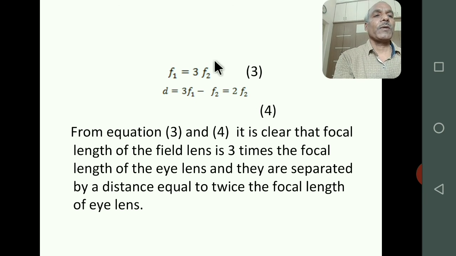From equation number 3, it is clear that the focal length of the field lens is 3 times the focal length of the eye lens. From equation number 4, it is clear that the distance between the two lenses is equal to 2 times the focal length of the eye lens.